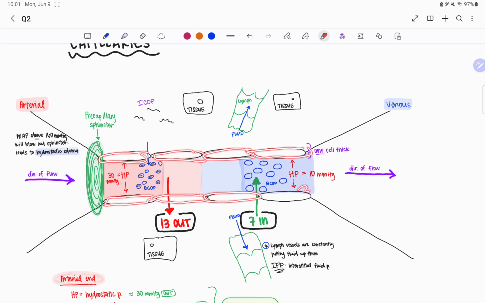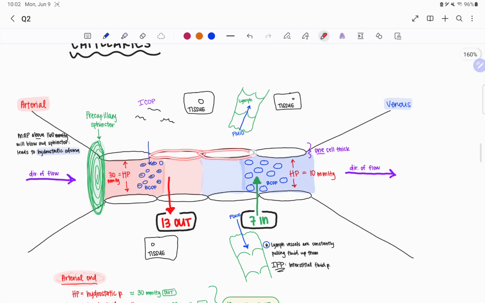So lots of cells connected, but they're only one cell thick. They're not compounded on top of each other, right? So it's very easy for things to diffuse out or in. But what we have here is a precapillary sphincter, right?